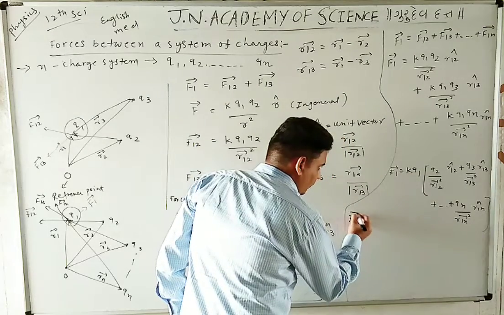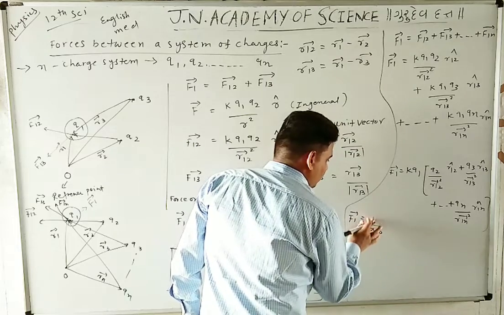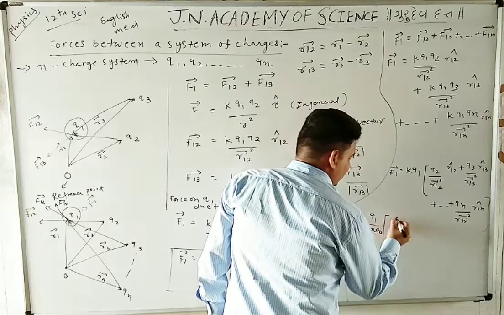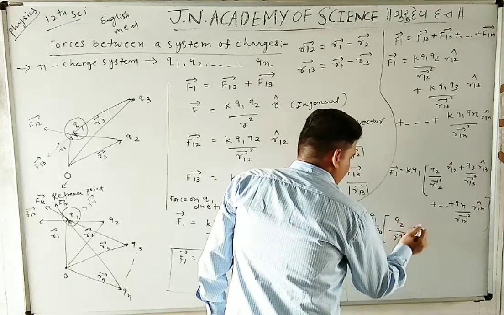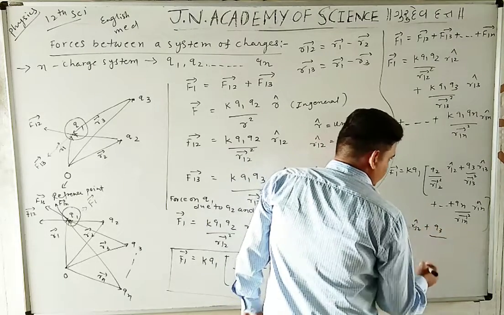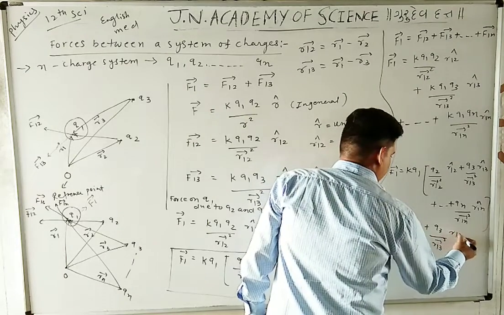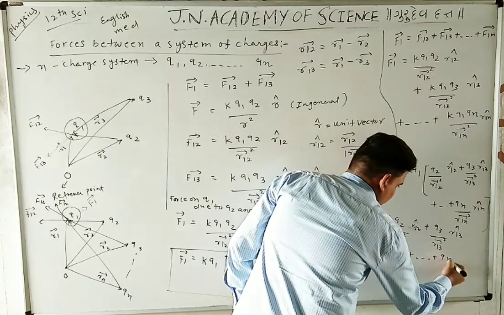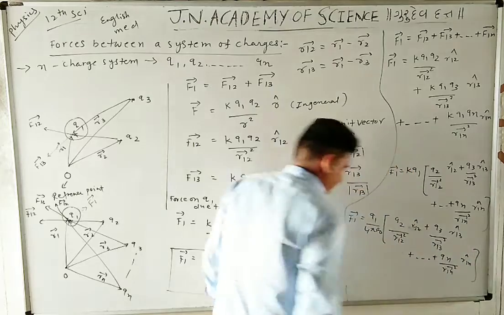So F1 will be Q1 upon 4 pi epsilon 0 times Q2 upon R12 square R12 cap, Q3 upon R13 square R13 cap and so on, Qn upon R1n square R1n cap.